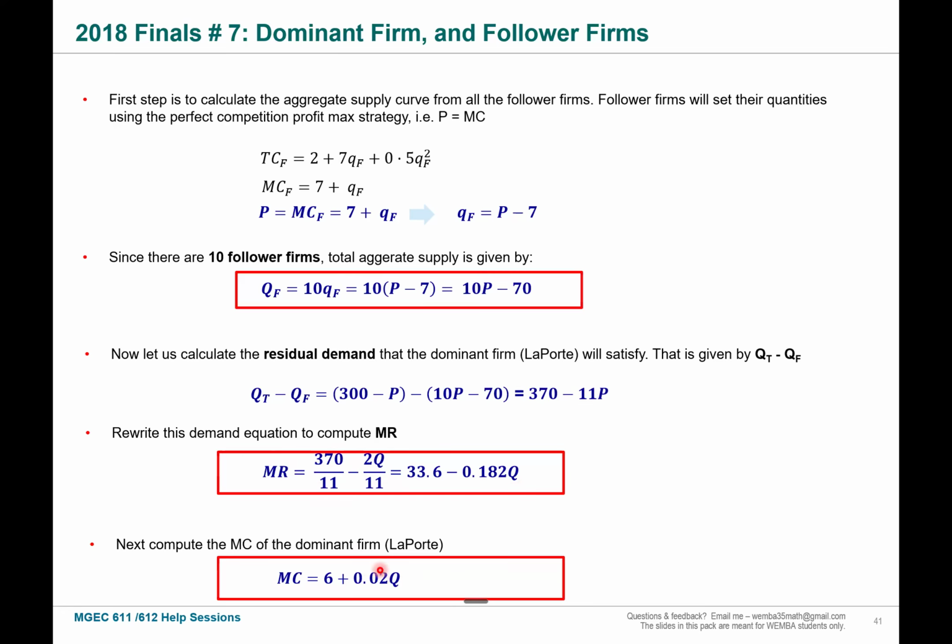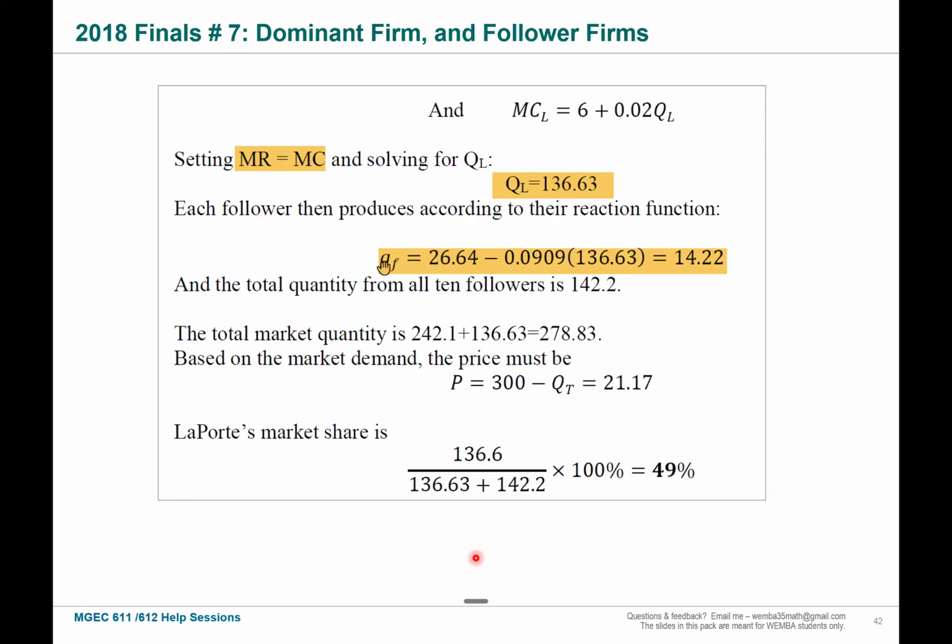MC is this from the dominant firm. Set the two things together, solve it. You get the leader's quantity as 136.63. From there, you can get the quantity of the follower firm, and the market share is QL divided by QL plus the follower firm.